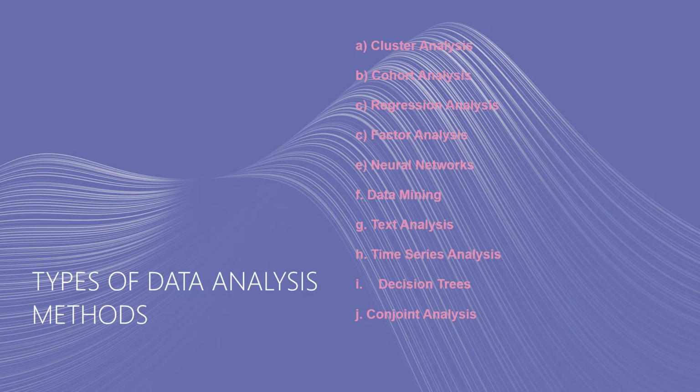So what this menu of data analysis methods tells us is that a particular research will have to decide prior to data collection what method of analysis is appropriate for the target data.